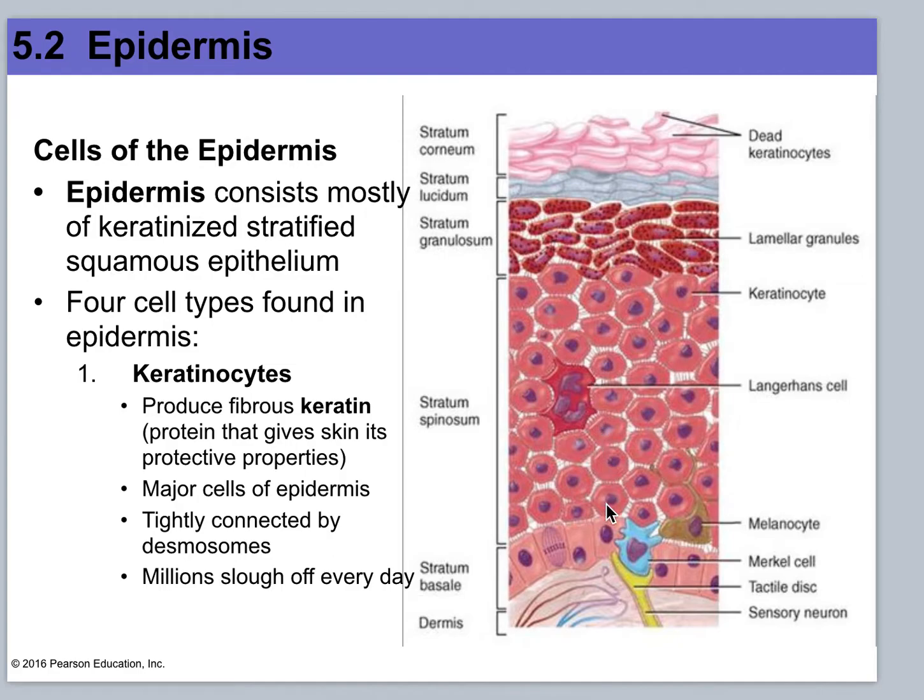The further away they get from the blood vessels here, the more dead the skin cells become. They get less and less nutrition because the nutrition is all from diffusion. Remember that epithelial tissue is not vascular, it's avascular. So there are no blood vessels running through the epithelial tissue, so it has to get its nutrients through diffusion. So the further away it is from the blood supply, the less nutrients it gets. So that's the keratinocytes.